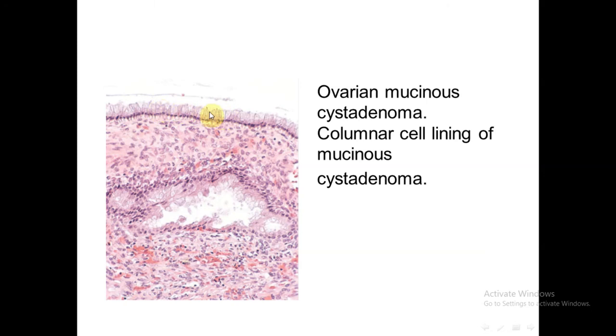These areas are mucin that fill the cytoplasm of the cells of this tumor. This is a glandular structure showing also benign basally located nuclei and mucinous structures. Thank you.